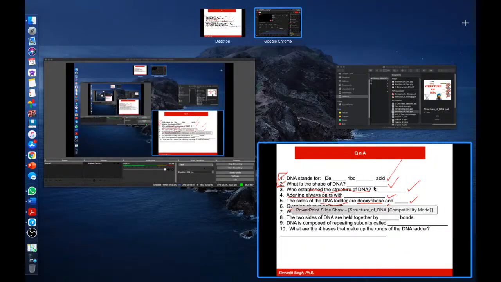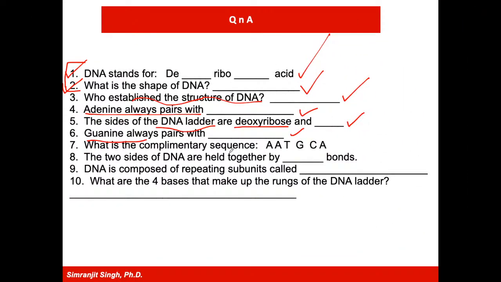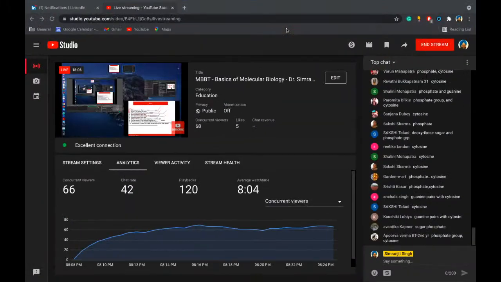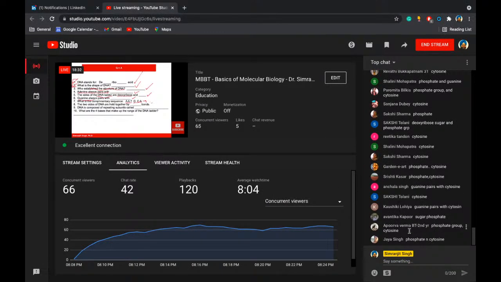Extremely good. So next, what is the complementary sequence? Just tell me quickly, students. AAT, GCA. What will be the complementary sequence of this DNA? AAT, GCA. Just answer this question.